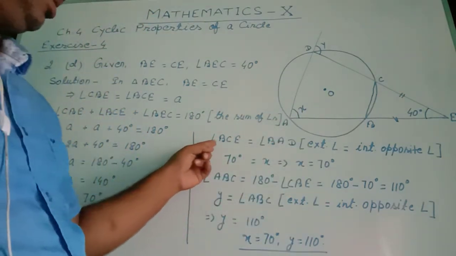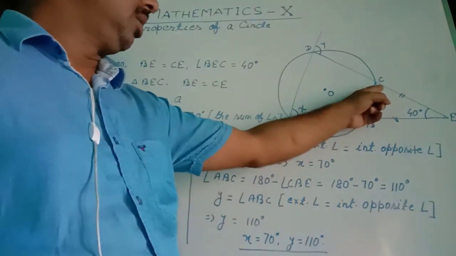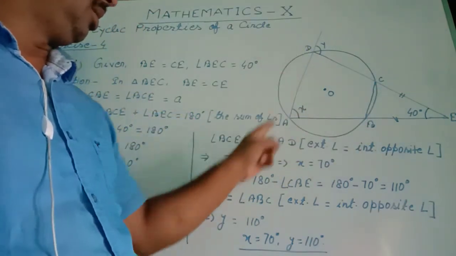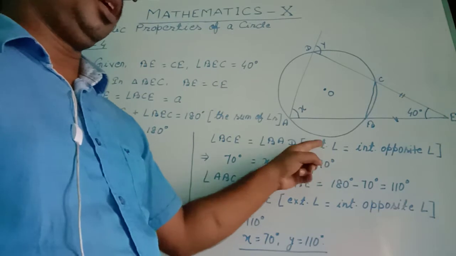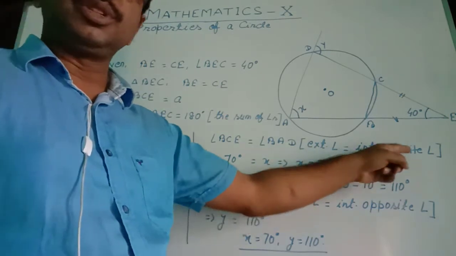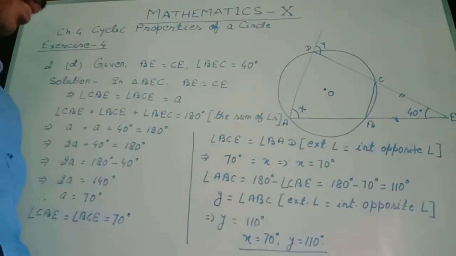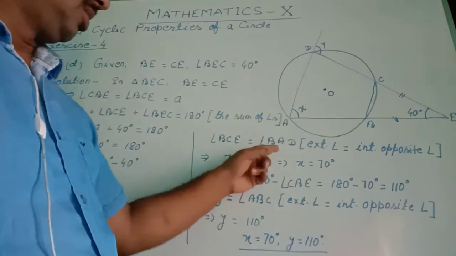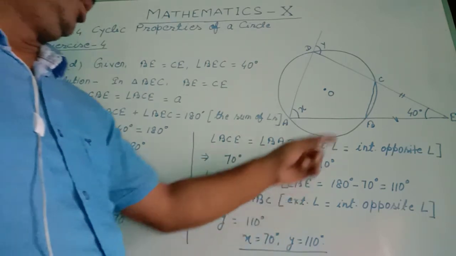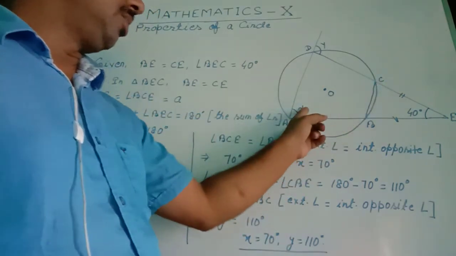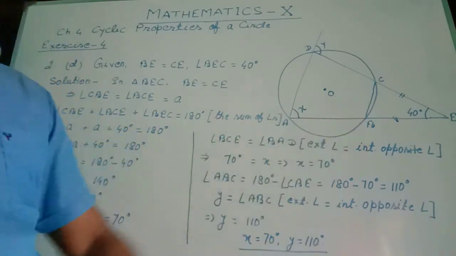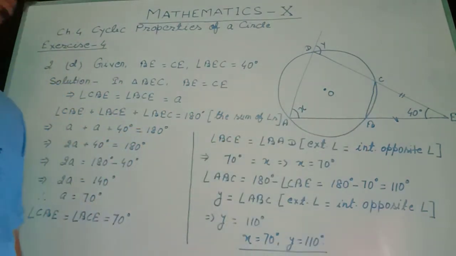So I wrote angle BCE equal to angle BAD. Reason is exterior angle is equal to interior opposite angle of a cyclic quadrilateral. So from this theorem we can say this 70 degree is equal to X, or X equal to 70 degree. We got the value of X.